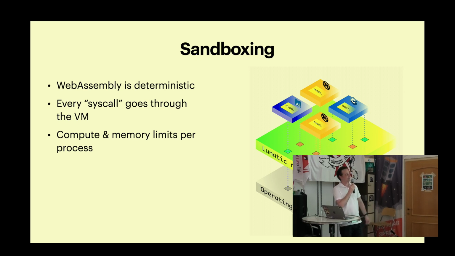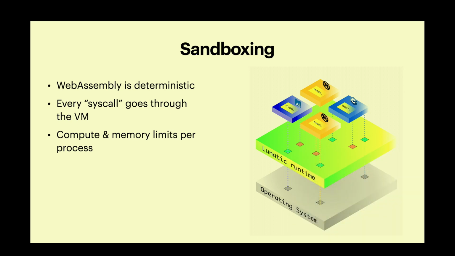If you think about it, in this graphic each of the cubes on top is a process, and they call through the virtual machine to the operating system, but the virtual machine has all the control over which syscalls are allowed. So you can spawn a process and say it is not allowed to make any networking requests, it can only open certain files.